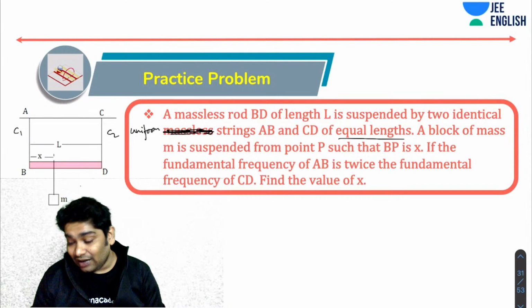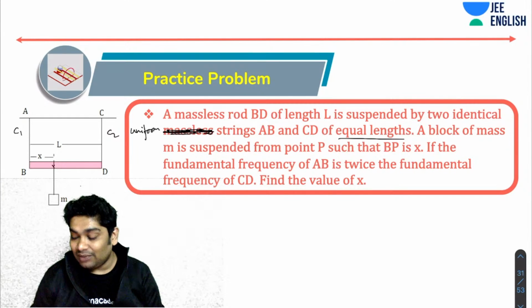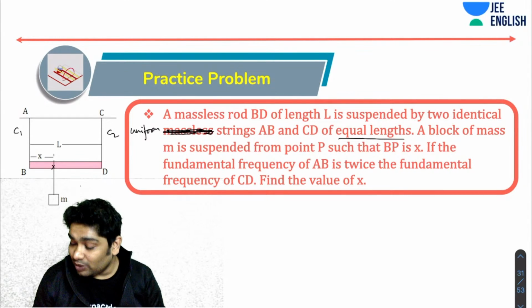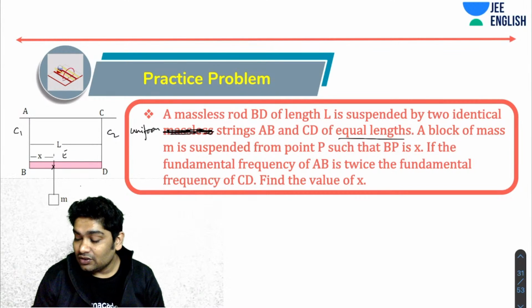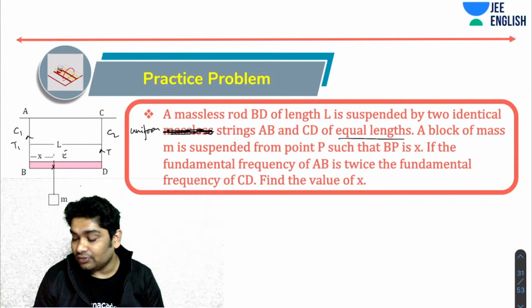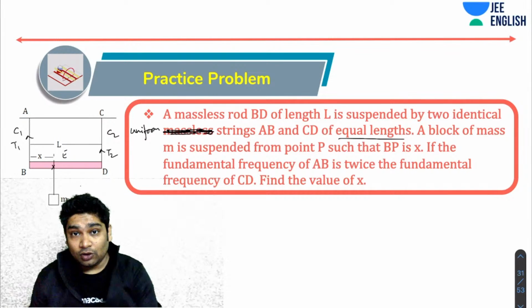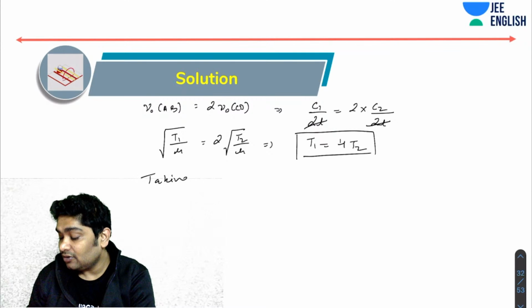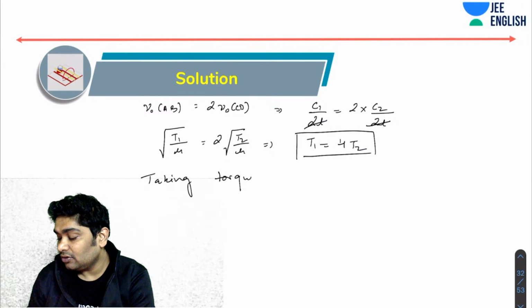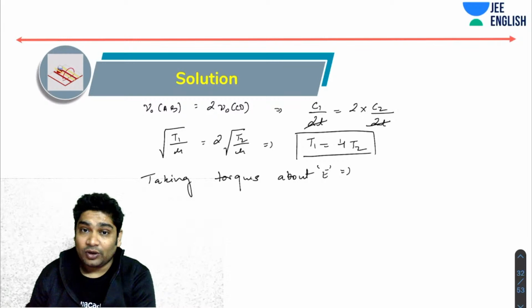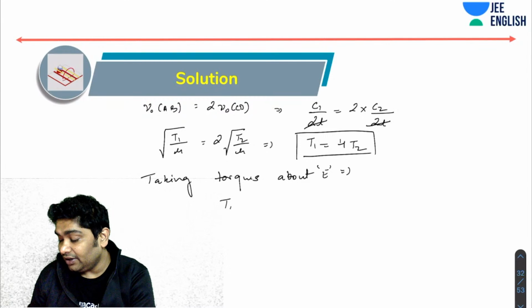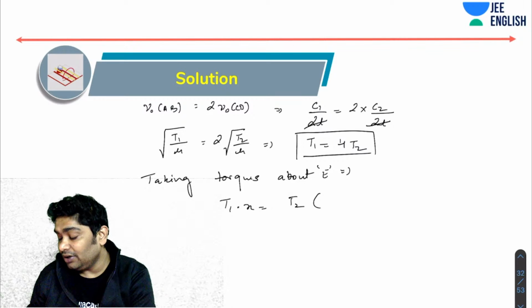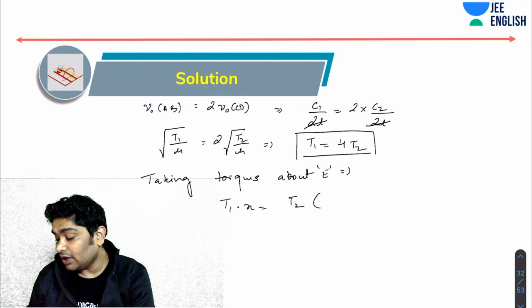Now if I take torques about this point, let's call this point E, I would have a torque due to T1 and a torque due to T2. Taking torques about E, for rotational equilibrium, can I say T1 into X should be equal to T2 into L minus X?